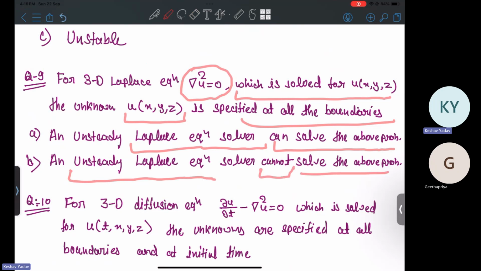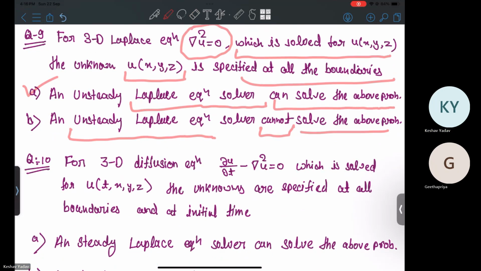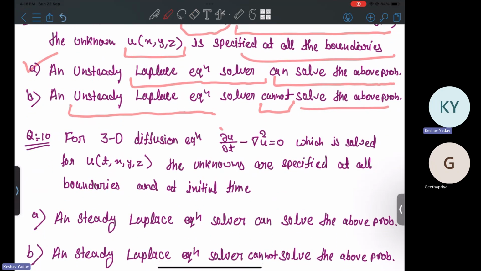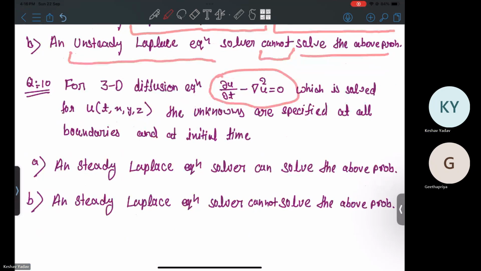So this can be used to solve the equation, but not the other way around. An unsteady problem cannot be solved using the steady solver. A steady state problem can be solved using the unsteady solver, but the unsteady problem cannot be solved using the steady state solver. Clear?